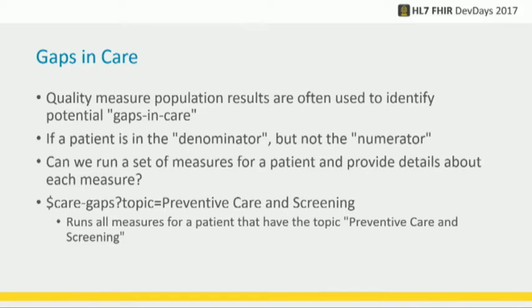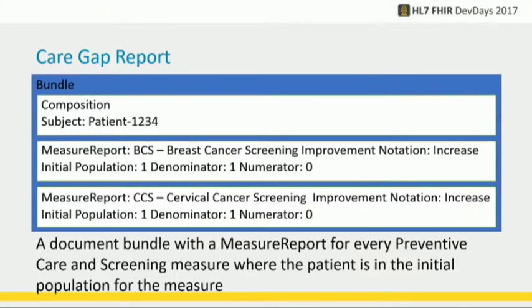What that returns then is a care gap report, which is a document bundle where the composition just links to all the measure reports, and then each measure report provides the results for that patient. So you have breast cancer screening. They're in the initial population in the denominator. They're not in the numerator. So this patient then has care gaps. Those are reported through that.